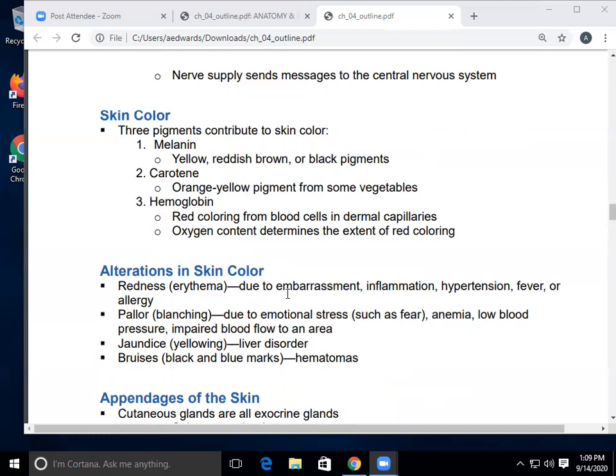We don't think of it as a pigment, but it is hemoglobin. So blood cells, when we see them and we think that they're red, it is because of the presence of hemoglobin. And the extent of how red they are is how much oxygen those hemoglobin molecules are carrying.